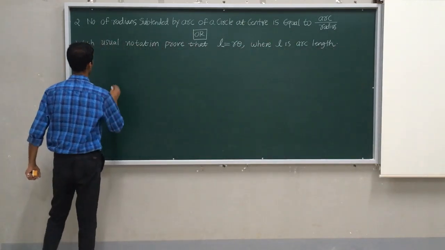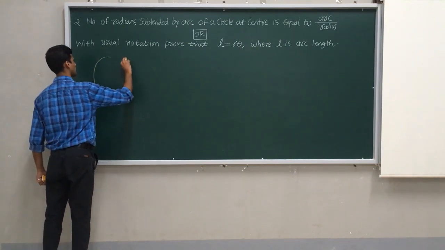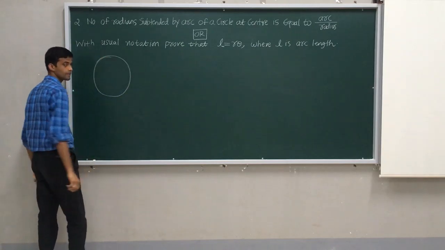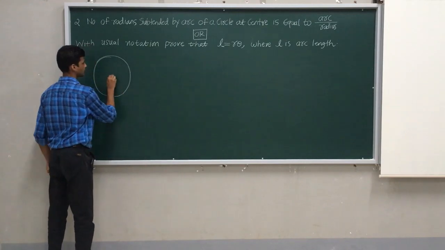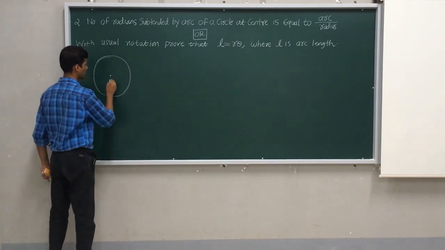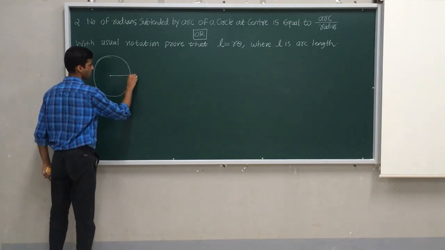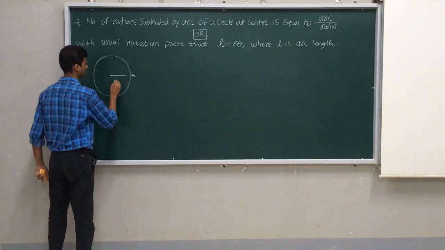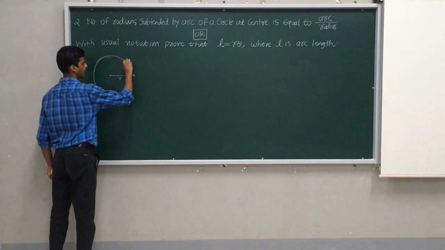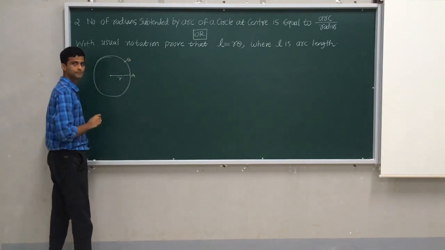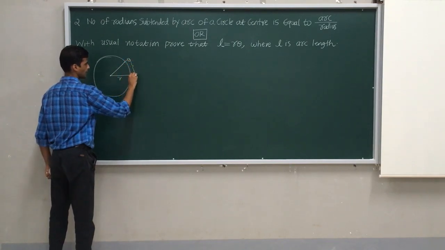For proving this, I will construct a circle and then construct something within the circle. First, consider a circle with center O and radius r. Now I will take some point B by definition, and this length is r.